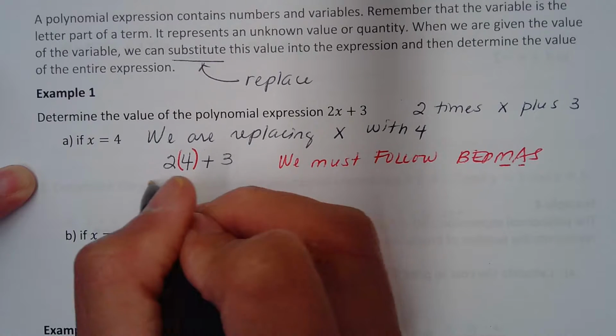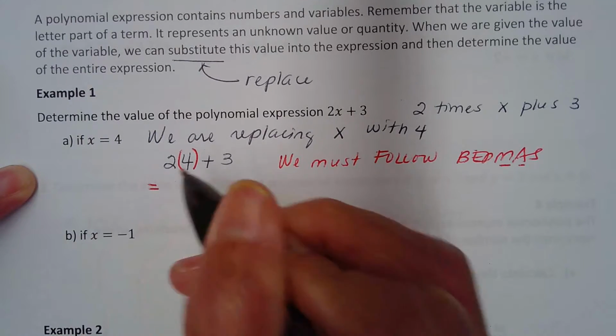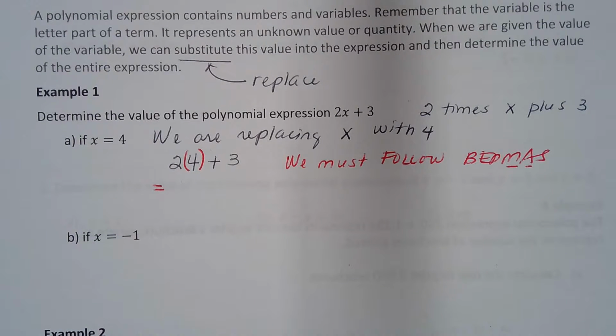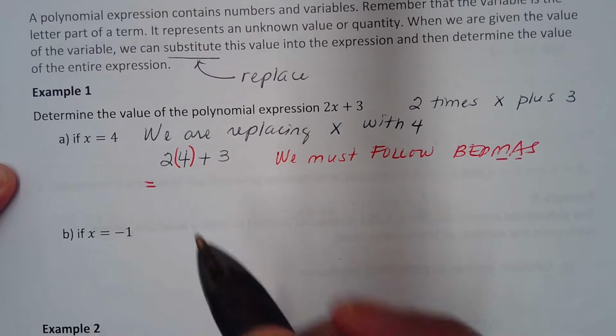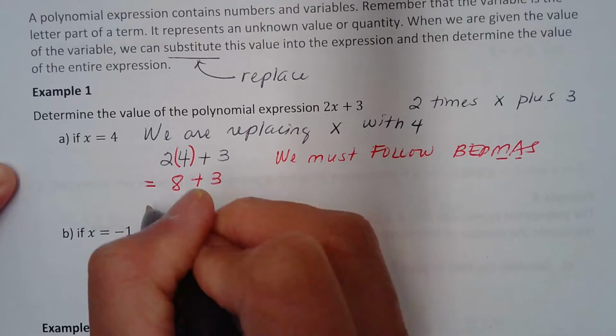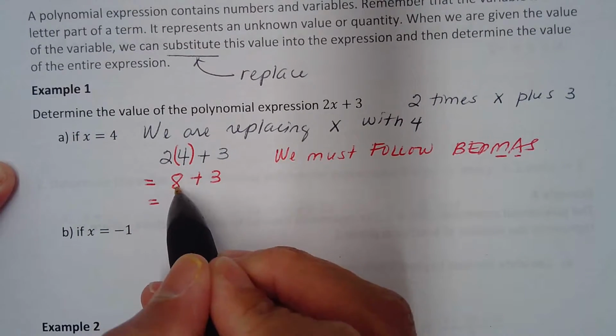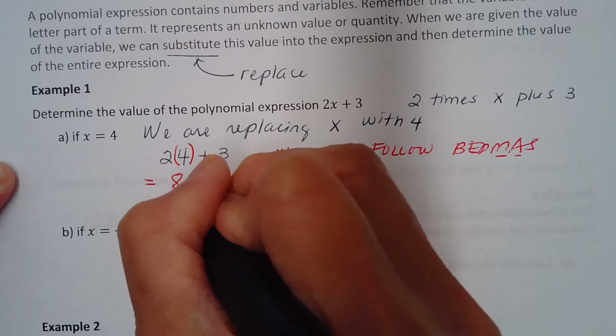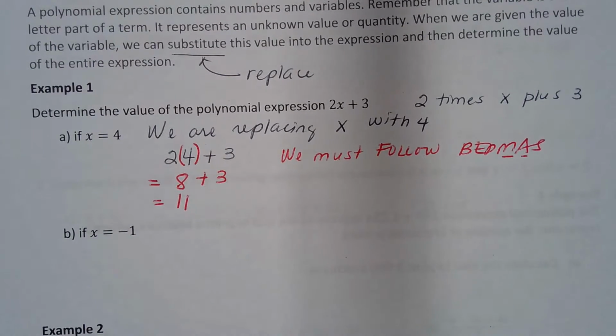So multiply these two first. Okay, let's pay attention. The first step is to substitute and then work it out. Okay, substitute and work it out. 2 times 4 is 8 plus 3, and then 8 plus 3, 11.